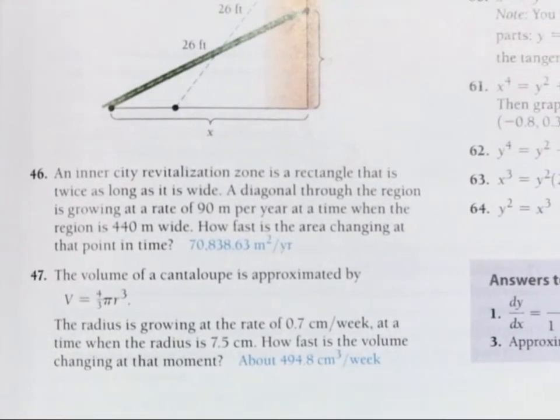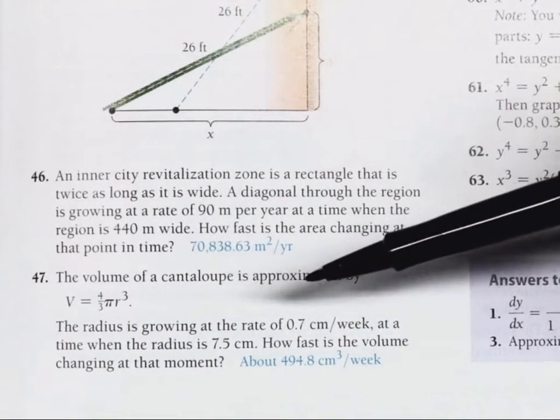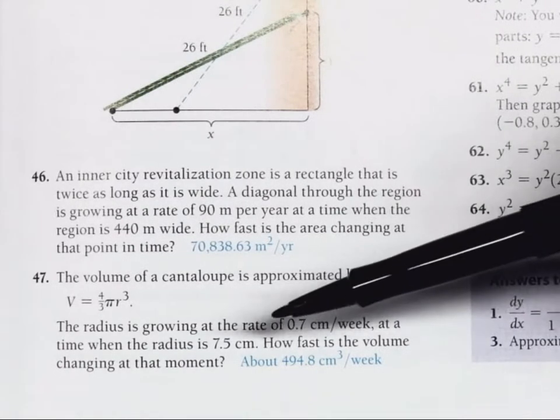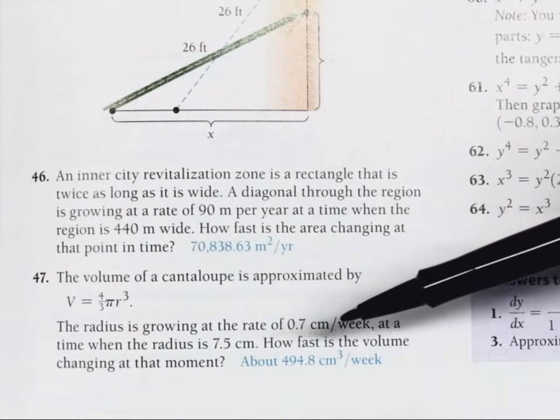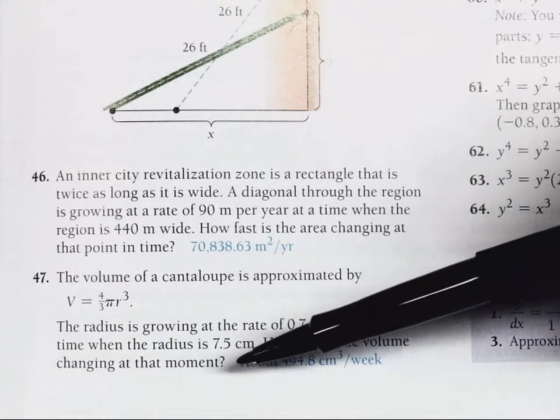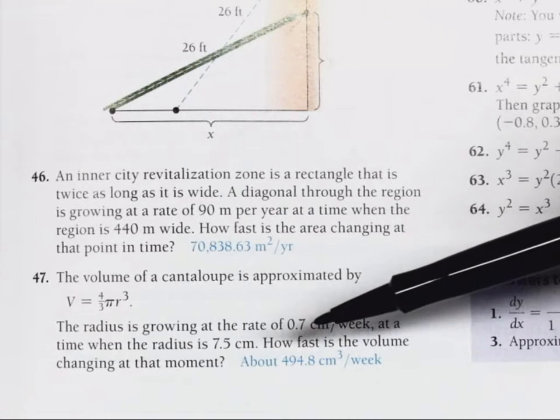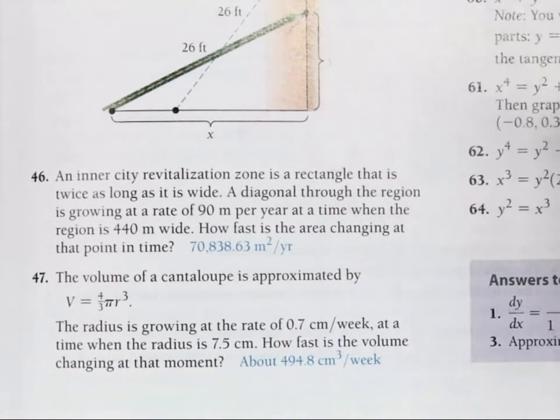So 47, the cantaloupe, so here's the problem. The radius is growing at a rate of 0.7 centimeters per week at a time when the radius is 7.5 centimeters. How fast is the volume changing at that moment? So the rate that the radius is growing is 0.7 centimeters per week, and the actual radius is 7.5 centimeters.